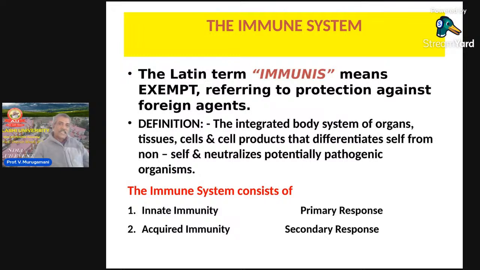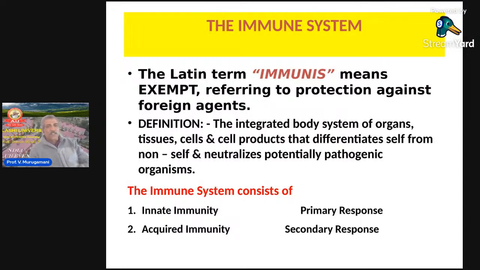In this immunogenetics, the memory is within the B cells and T cells, and then they produce antibodies, which kill the microorganisms inside the body. This is the immune system.